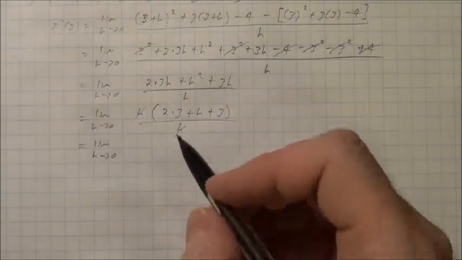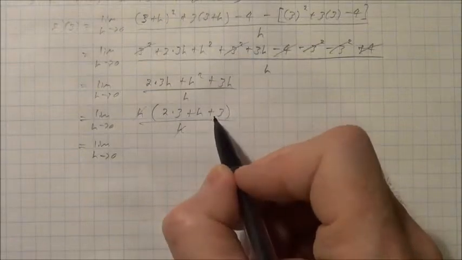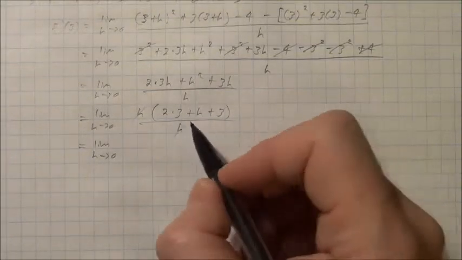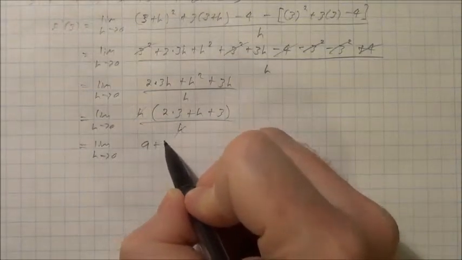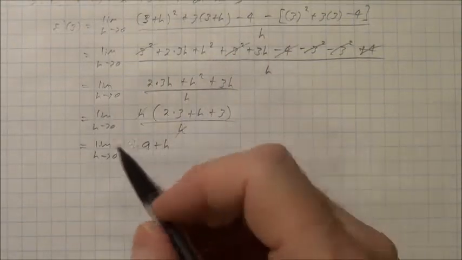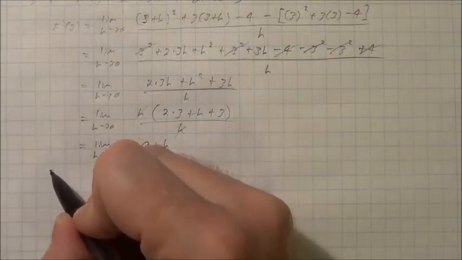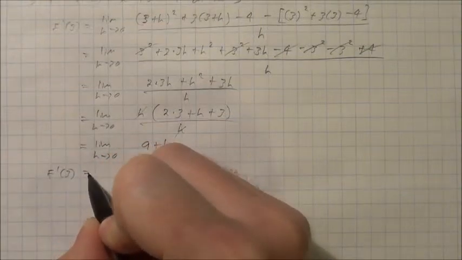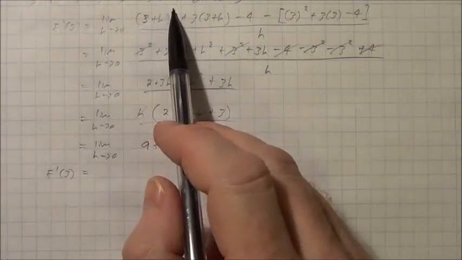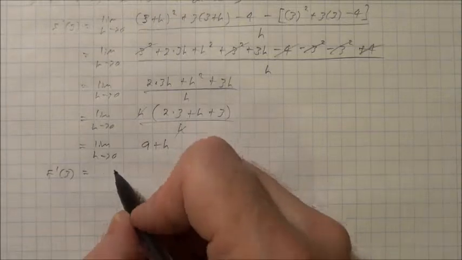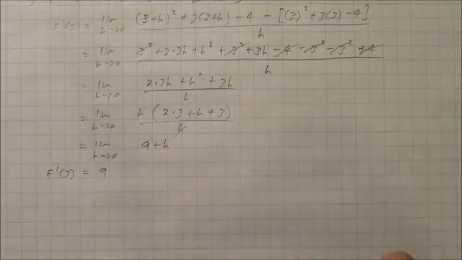We're now left with 6 plus 3, 9 plus h as h approaches 0. Therefore, the gradient of this function at x equals 3 equals 9.